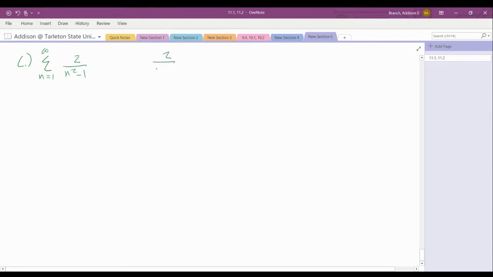So what we can do is factor n squared minus 1 to get 2 over n plus 1 and n minus 1. And now let's use partial fractions to break this up. Therefore we have 2 is equal to A times n minus 1 plus B times n plus 1.